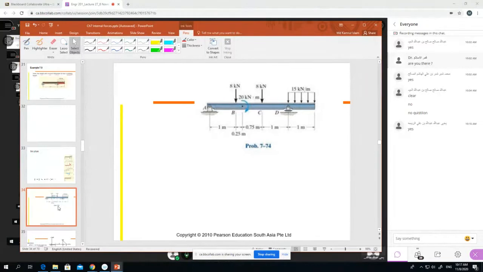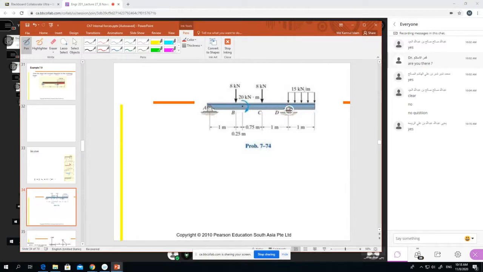We will not do the exercise today because we have only 2 or 3 minutes left. We will do a very complicated beam next class. First, you see here is the hinge at the pin joint.